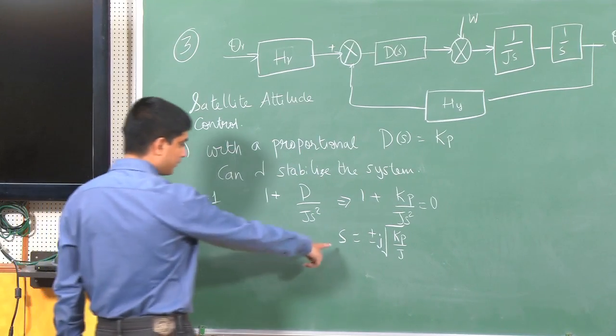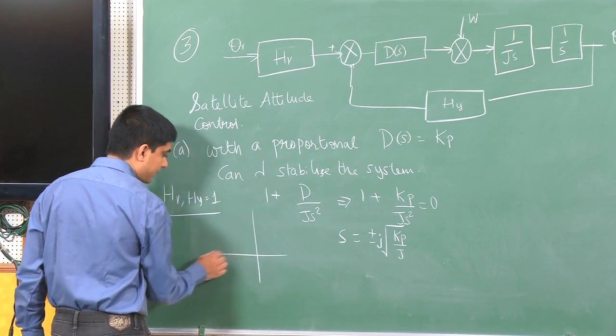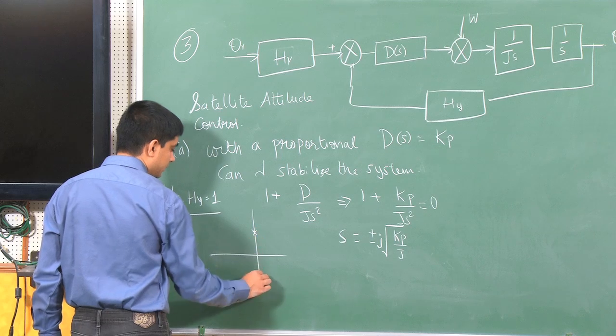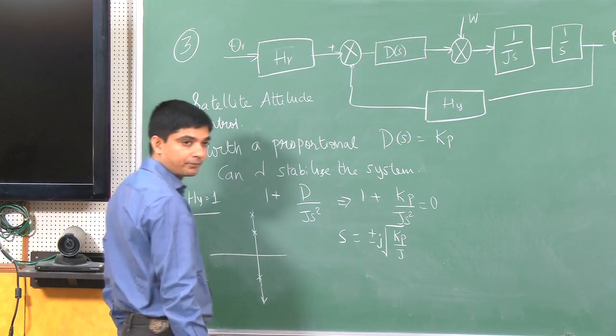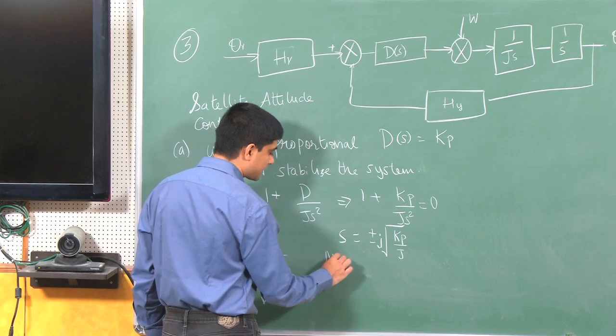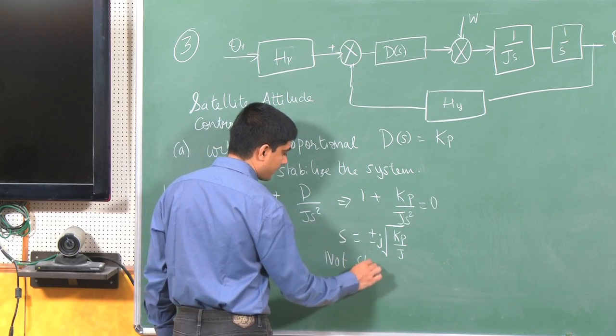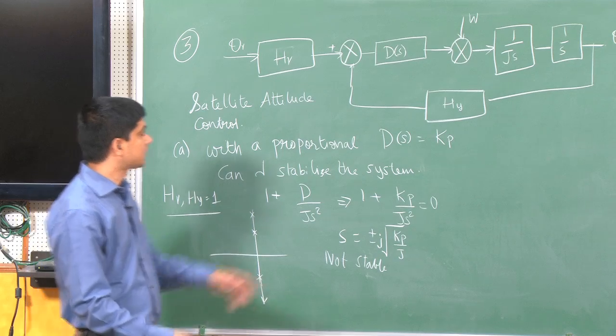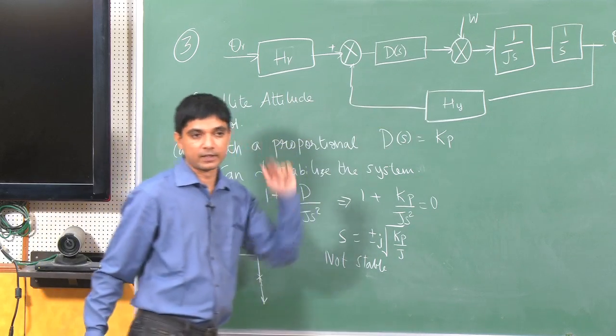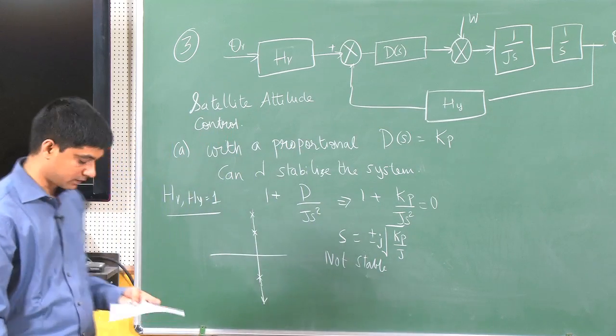Okay, so this system will always have poles, no matter whatever I do with the Kp, the poles will just lie on the imaginary axis, right, and so therefore the system is not stable. At best it can be called as marginally stable. So, with just a proportional controller I cannot stabilize the system, right. That is the first thing.